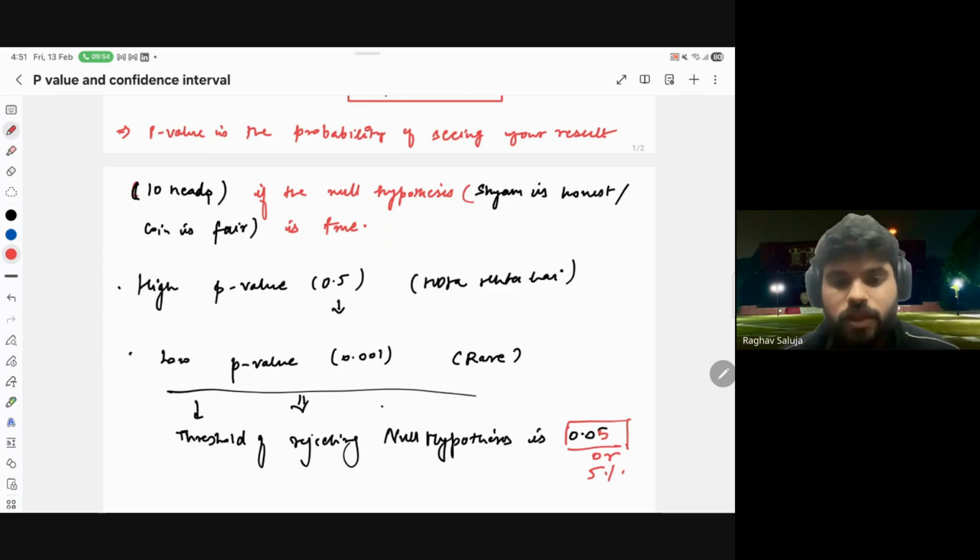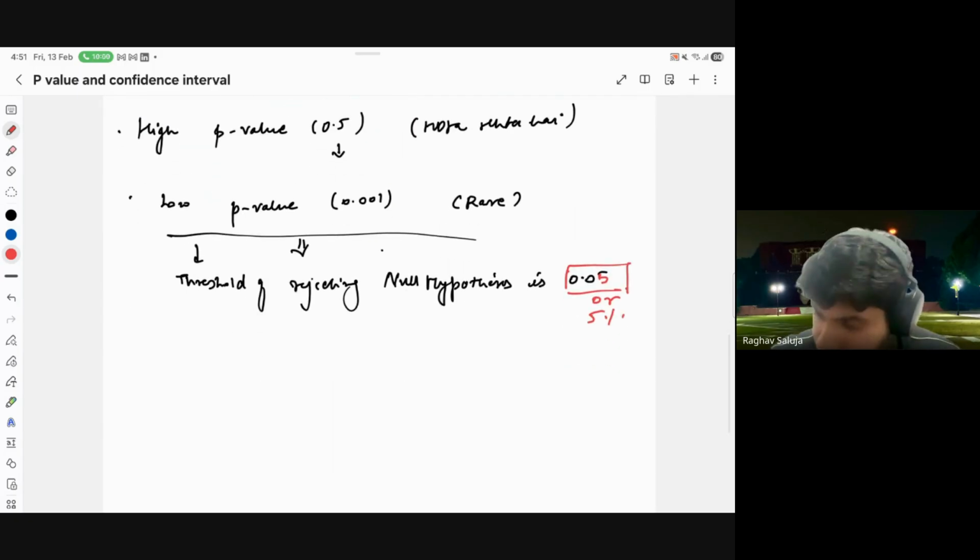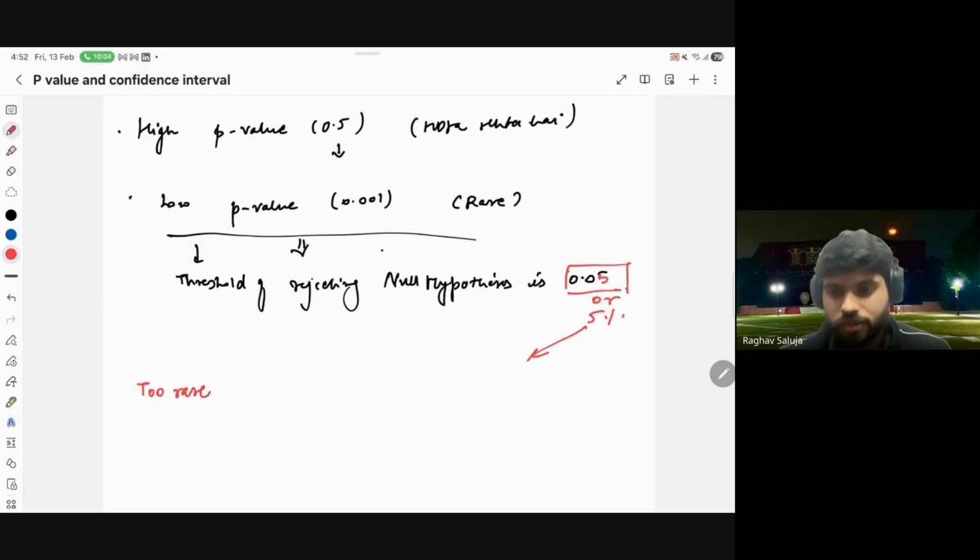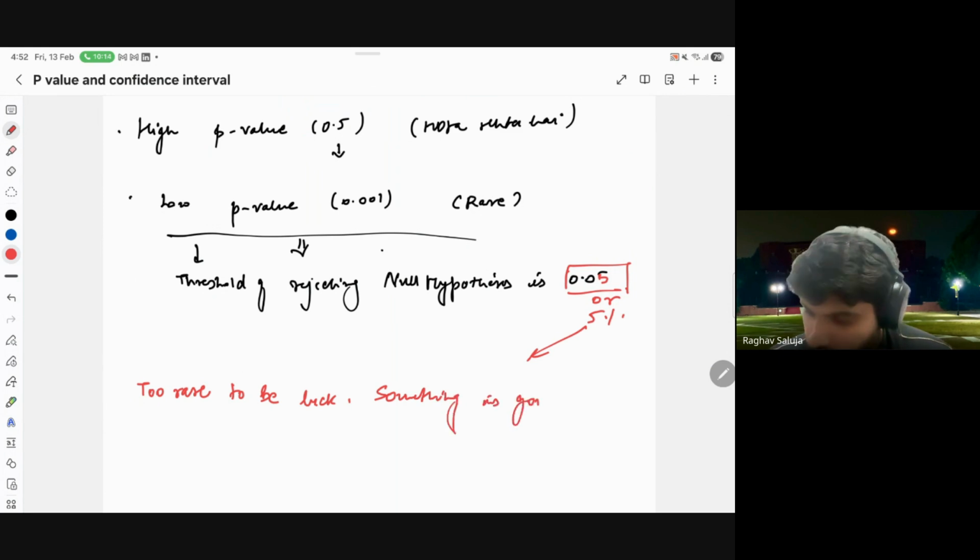This means that if the p-value is lower than 0.05, we say this is too rare. Too rare to be luck. Something is going on. Something is fishy. So we reject the null hypothesis.